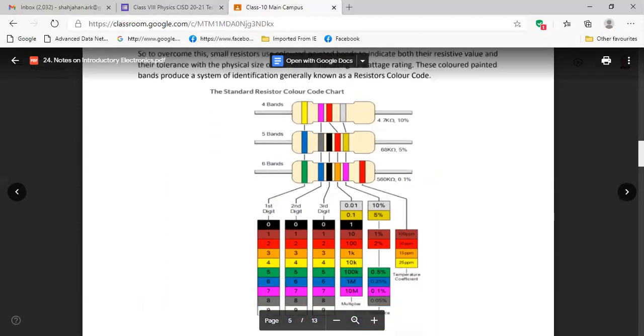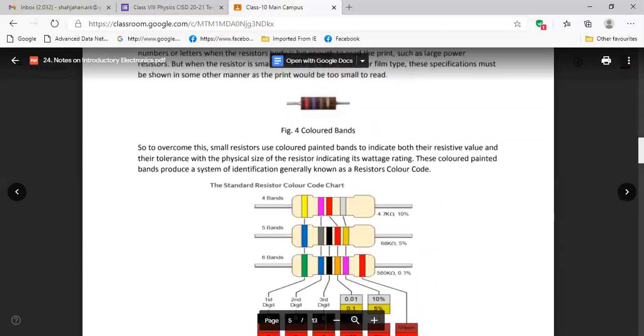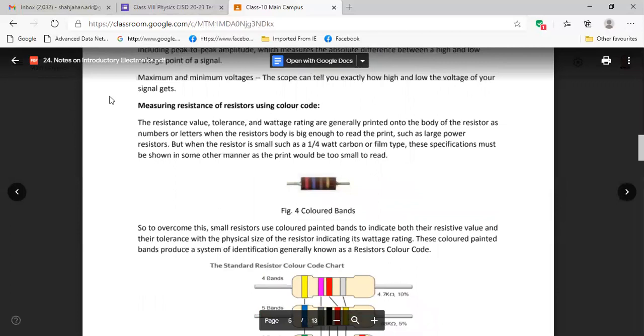Look here. For this heading, you write a single line only: the colored printed bands produce a system of identification generally known as a resistor's color code. This line only you write.